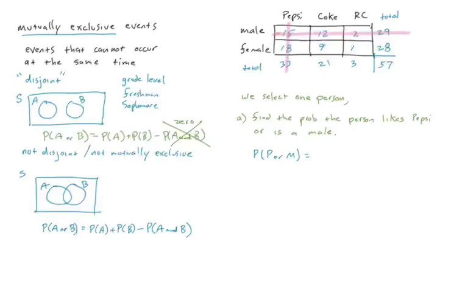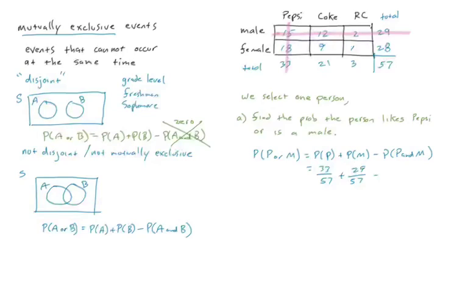And again, we're looking at the OR case here. So our lines, notice they're going vertical and horizontal in this case. So we're going to use our formula here. And I'm just going to write it out. But again, we want to start doing it a bit more intuitively and just looking at our table here. So for the OR case, we find out how many like Pepsi, which is going to be 33 out of our total. And then how many are males, out of our total as well.